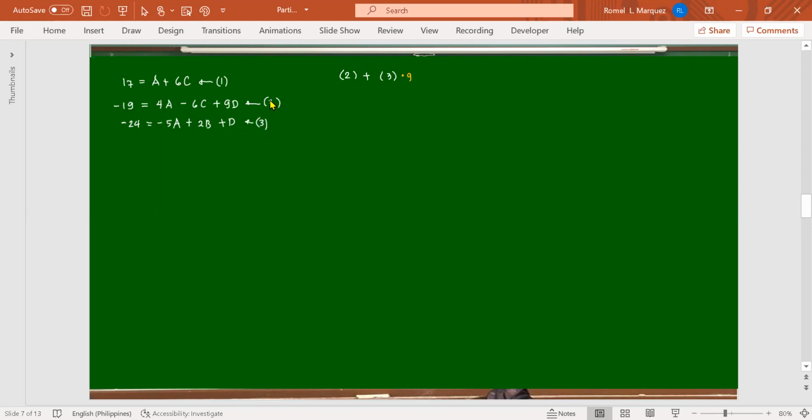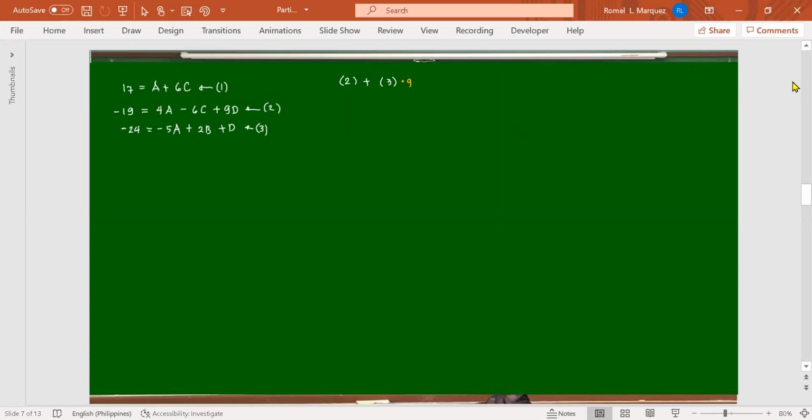This 2, no, we copy negative 19 plus this negative 24 times 9. Am I correct? Again, negative 24 plus, this is C, sorry.